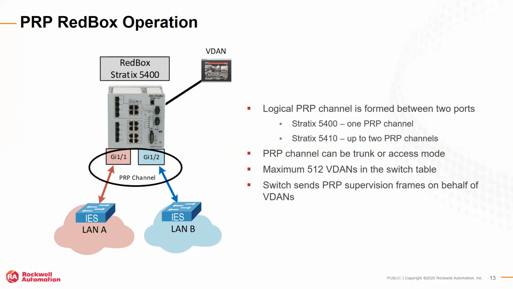Again, VDANs are devices that are attached to the RedBox switch, and the switch will send the supervisor frames to the VDANs. And obviously, like I said earlier, if the first data that gets there is accepted, the other frame will be thrown out.